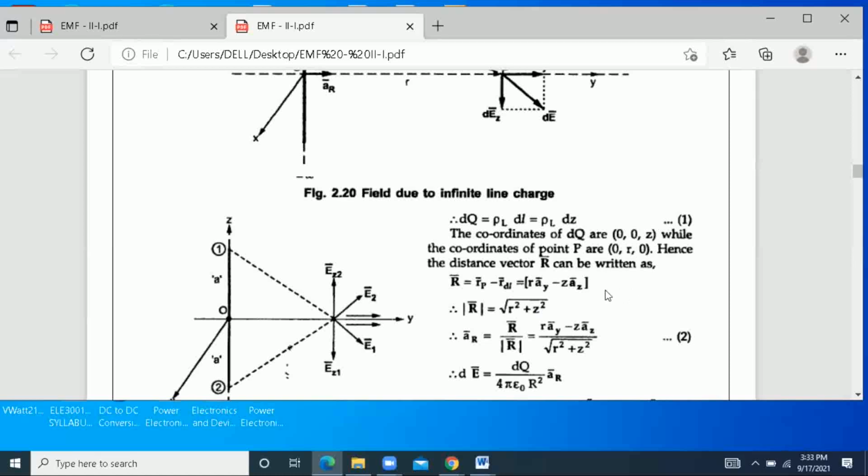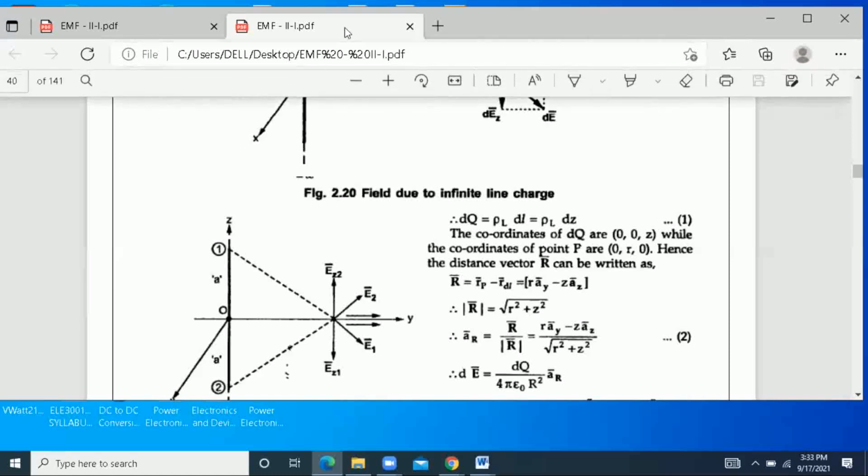So you get this so far. Your R. Tell me if you get the R. Anybody here?